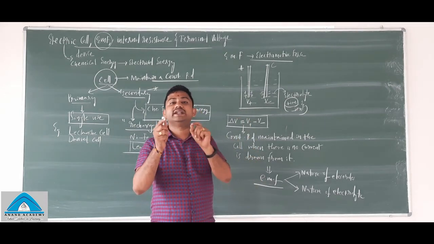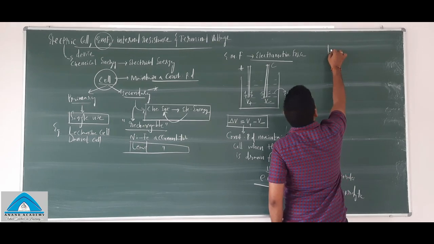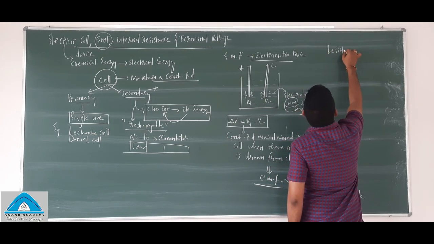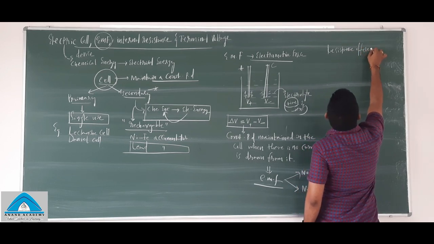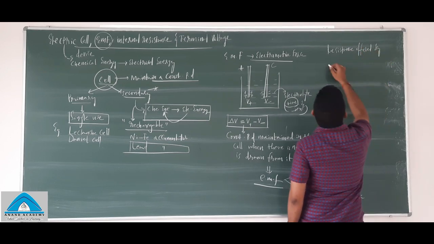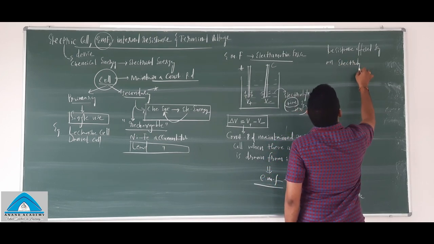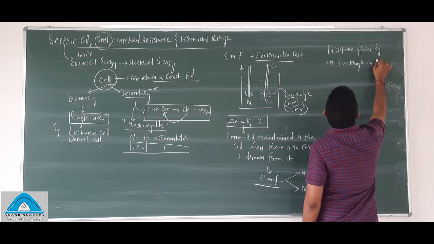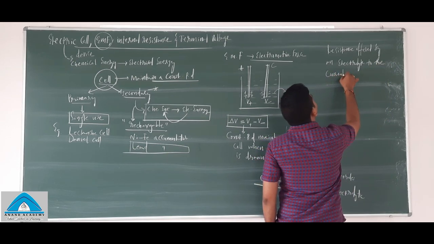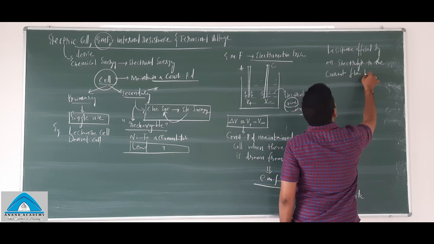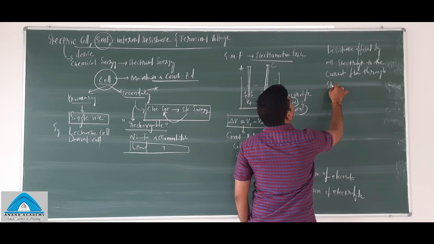That's called internal resistance. I'm writing here: the resistance offered by an electrolyte to the current flow through the electrolyte.